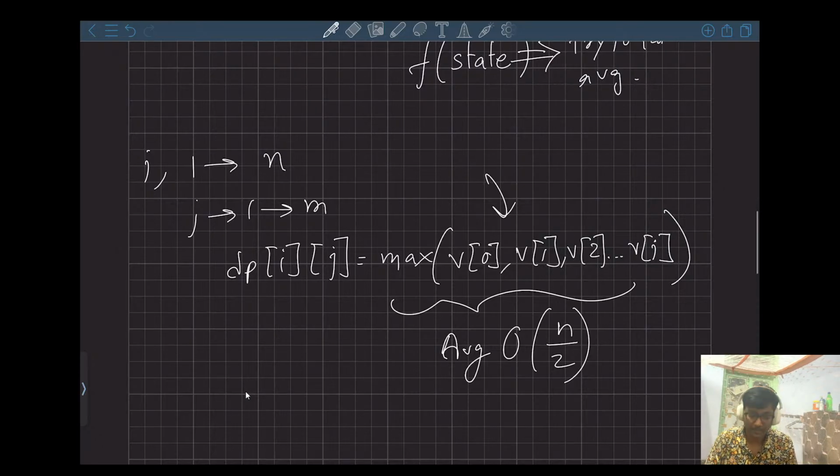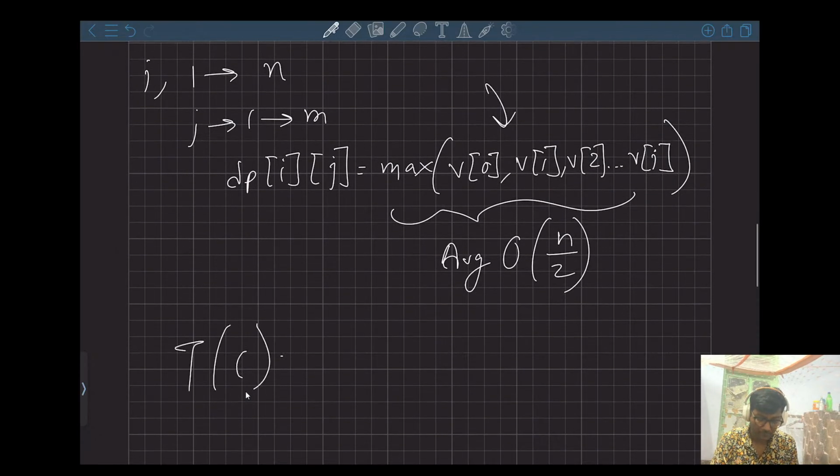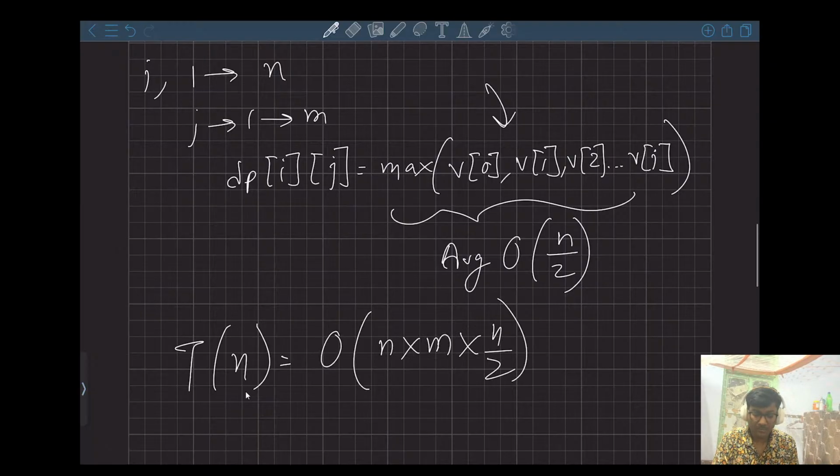That's why we're saying that, okay, so time complexity is order of n cross n by 2, which is approximately order of n squared. I hope this makes sense. Okay.